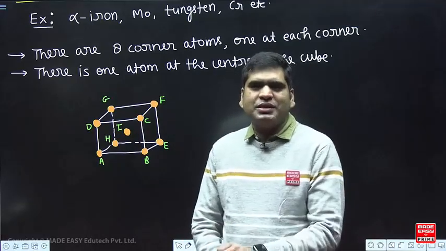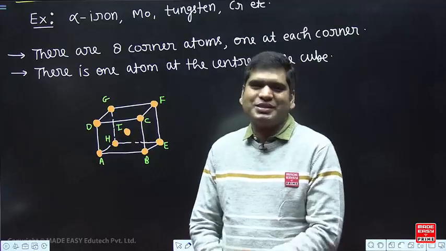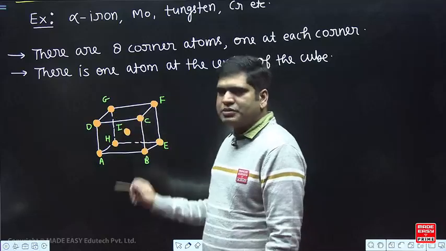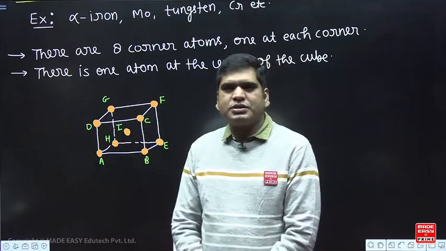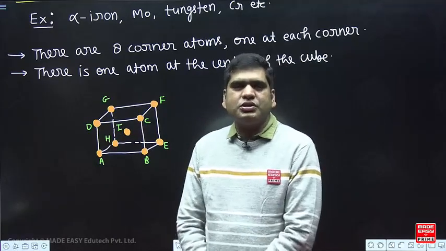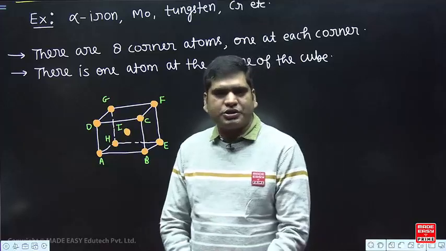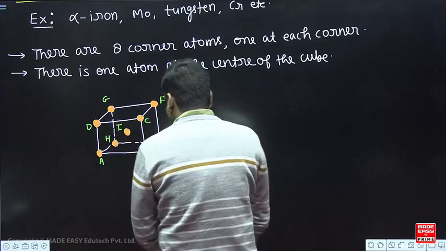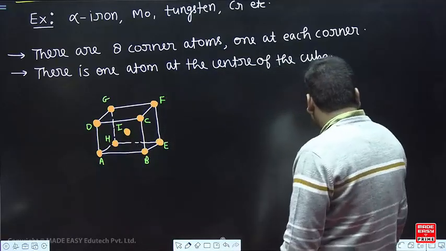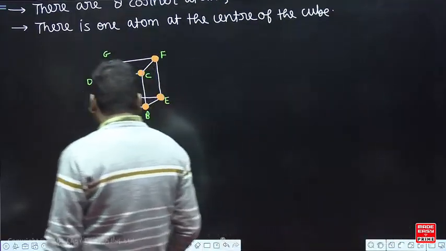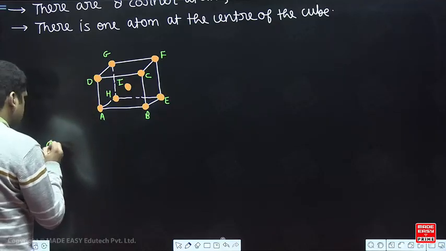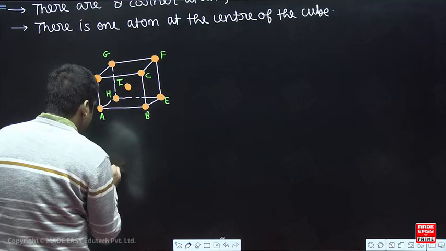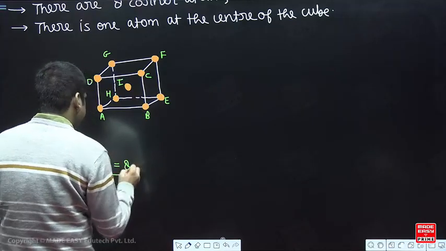Determining coordination number is the simplest thing here, because all the corner atoms are at equal distance. So there are 8 corners, coordination number is 8. That is the first parameter. In BCC, Cn is equal to 8.